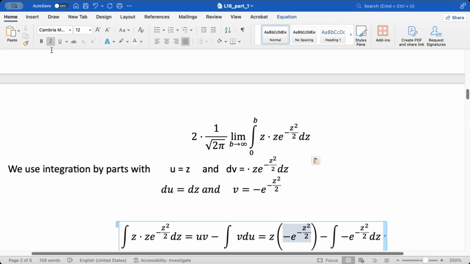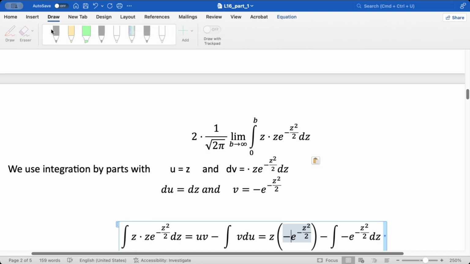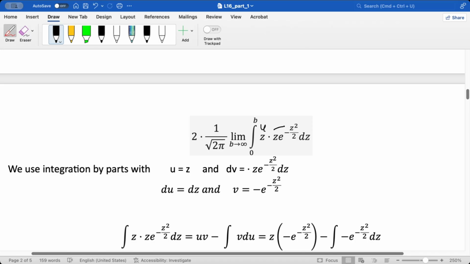So let me just write that in a little bit here. So we're gonna make the u z, and then everything else here is the dv.